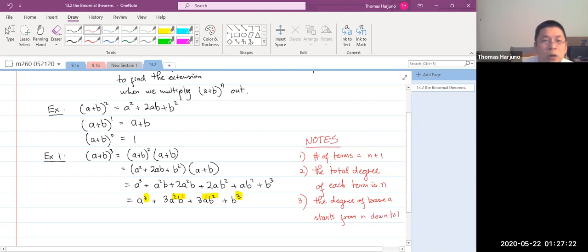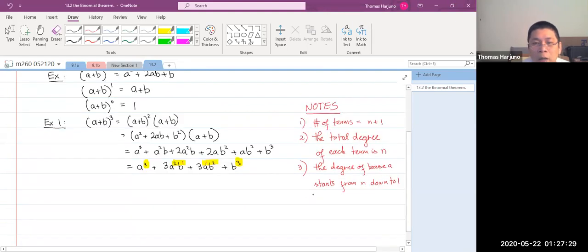So you see degree of 3, degree of 2, degree of 1, degree of 0 for the n, for base A. But the degree of, I'm sorry, not down to 1, down to 0. The degree of base B starts from 0 instead, up to n.